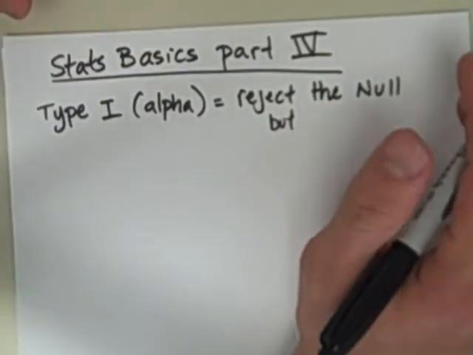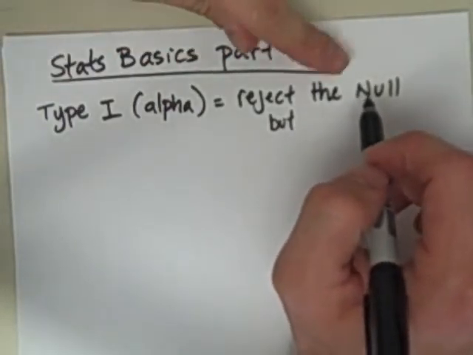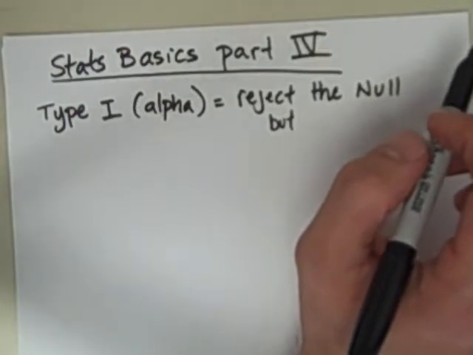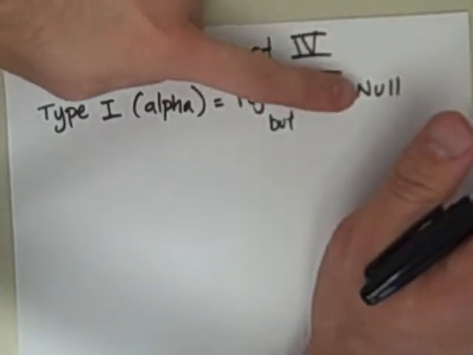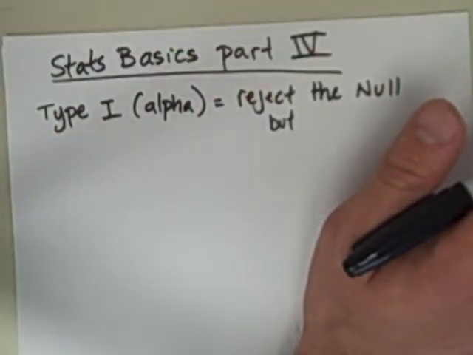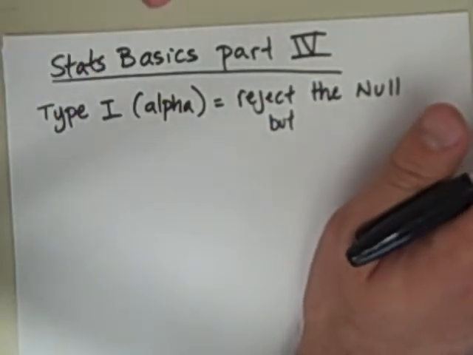But, and this is the tricky part, when we reject the null hypothesis, we're saying that there is a statistically significant difference between the two sets of values that I'm looking at. The null is what tells us there is no difference. So by rejecting that, I'm essentially saying, hey, there really is a difference between these two numbers.